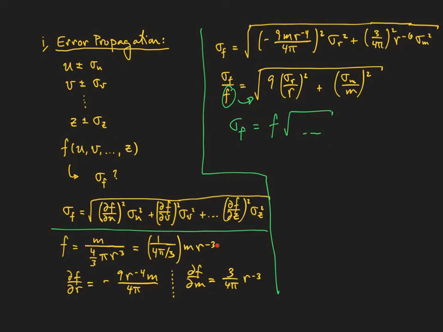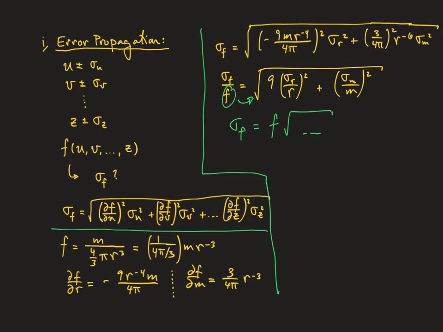We had this minus 3 that came down, and the minus 3 eventually got squared, so the 9 here is really minus 3 squared. For the m, which was to the power 1, here we have really a 1 squared. So these powers in our original expression, m to the 1 and r to the minus 3, ended up getting squared in front of these relative uncertainties squared.